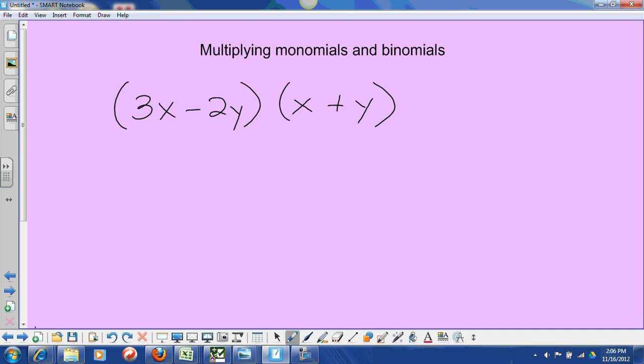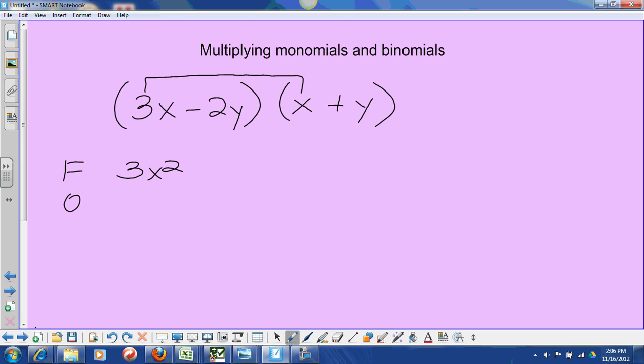Okay, once again, the format will not change, and your chances of making a mistake go down greatly if you follow the format of FOIL. The F stands for the first terms of each set of parentheses. So it becomes 3x times x, which is 3x squared.